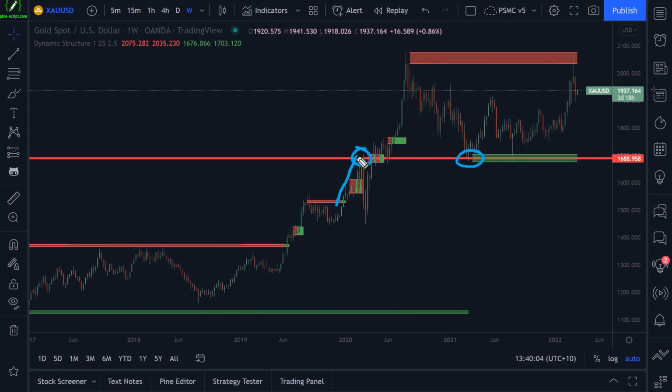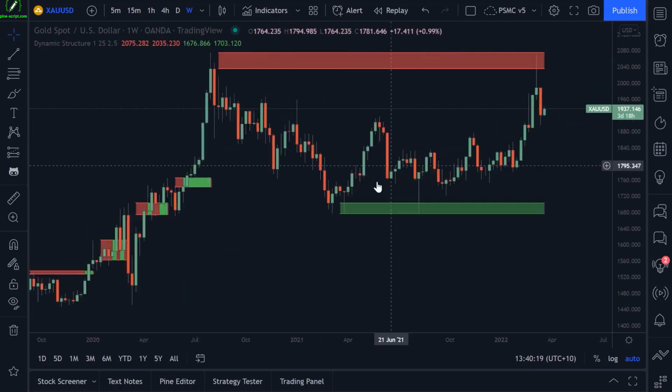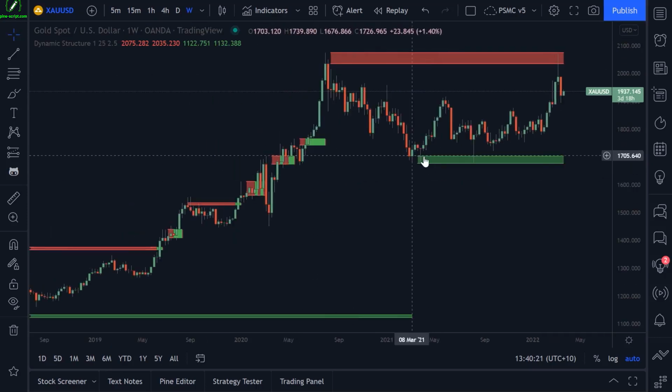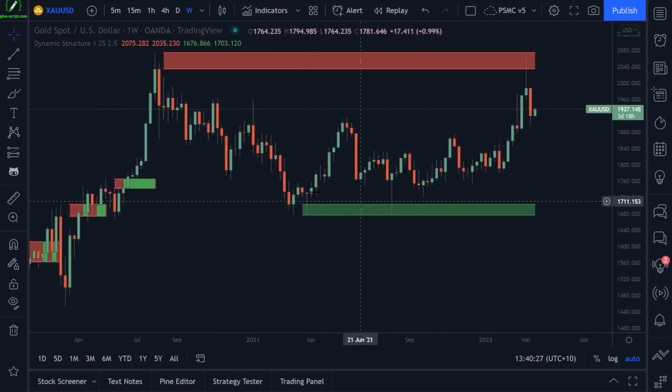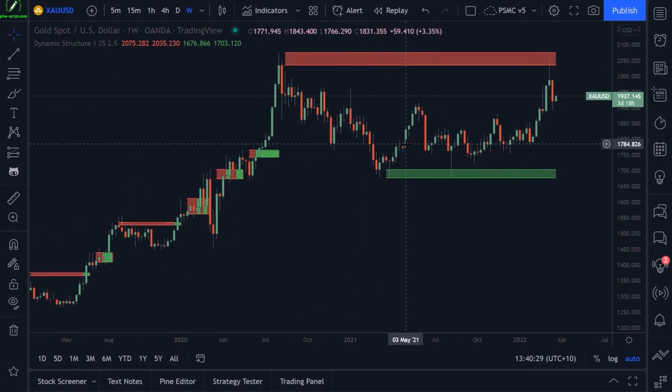So if a zone has been tested as resistance and then broken above and then tested as support, when price comes back down to that zone, I would also take trading opportunities within that sort of area. This script doesn't track retests of zones historically speaking, but that is something you could try to implement into the script, perhaps using arrays if you're feeling adventurous.